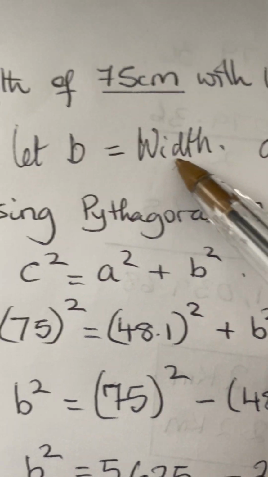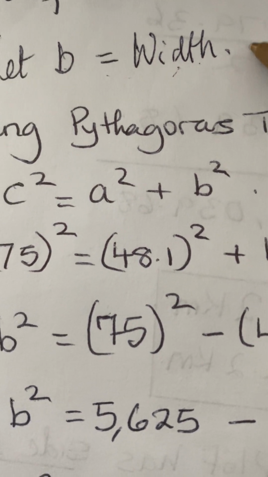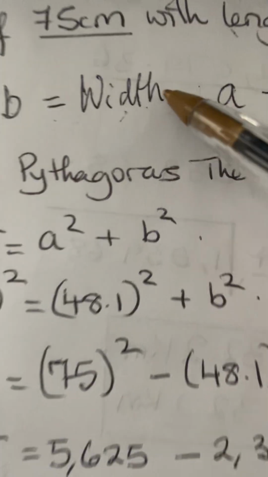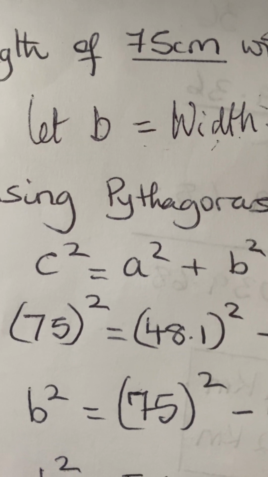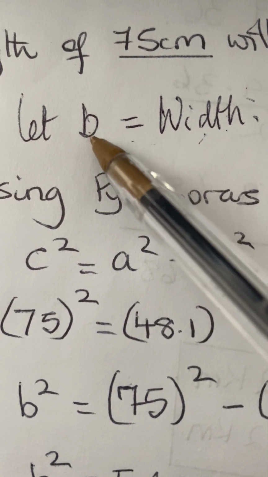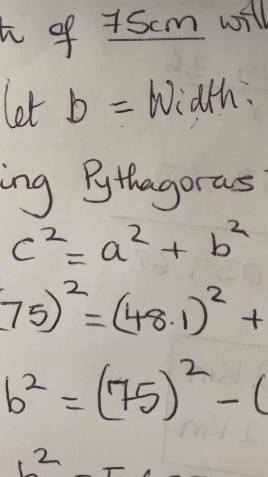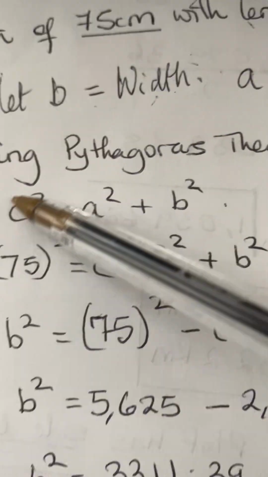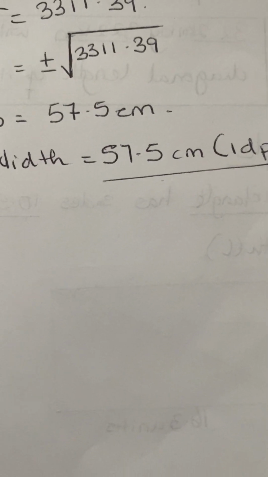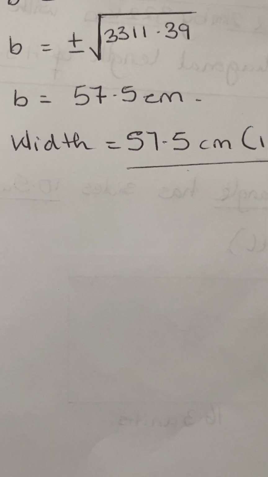So in the end, if you leave your answer as b equals width, they will still mark you right, because you've told them in the beginning that I'm using Pythagoras theorem, but to find my width, I'm going to leave my answer as b. That is another way of helping yourself, so that in case you don't put it as width, you are covered.